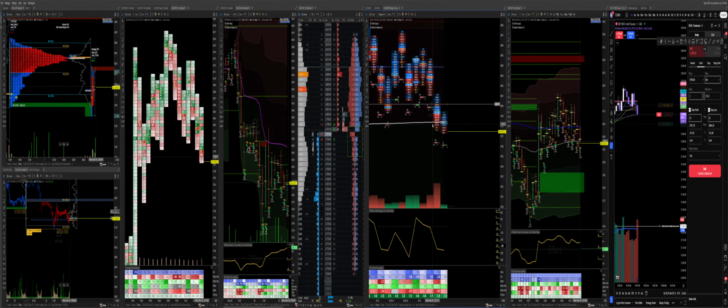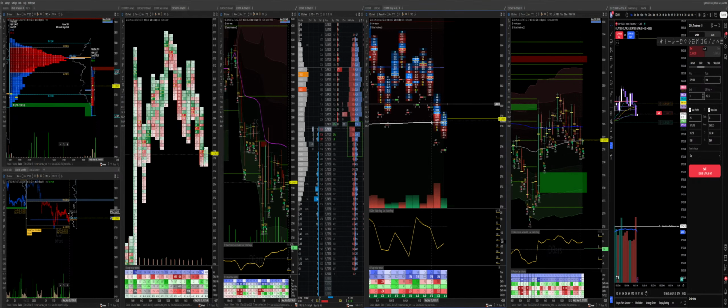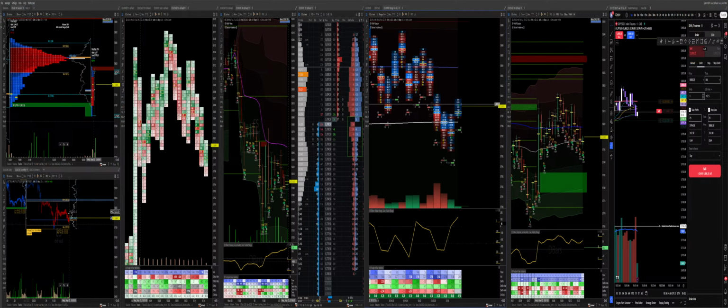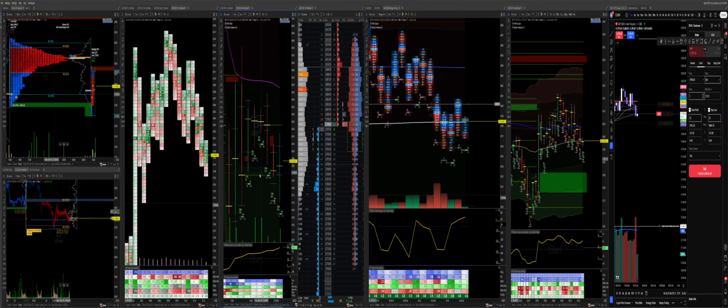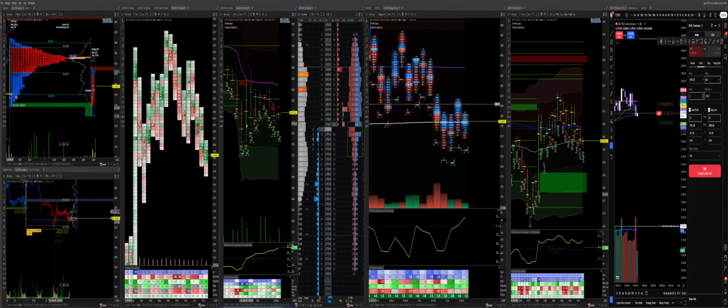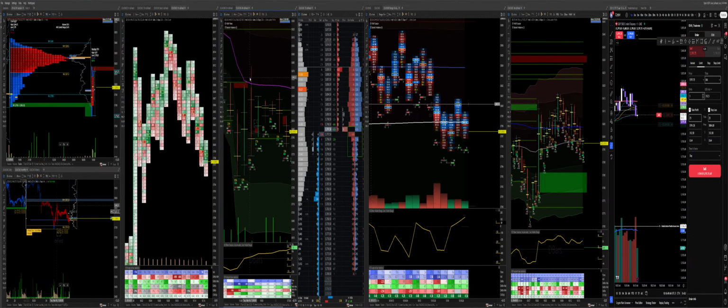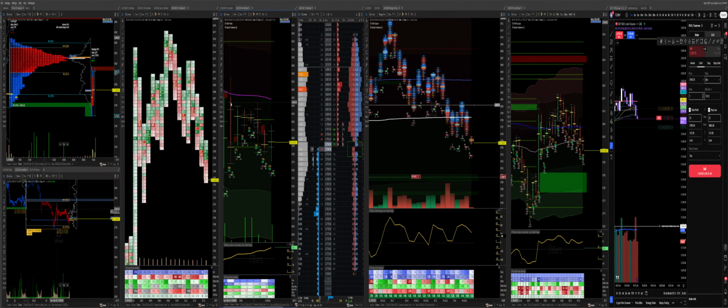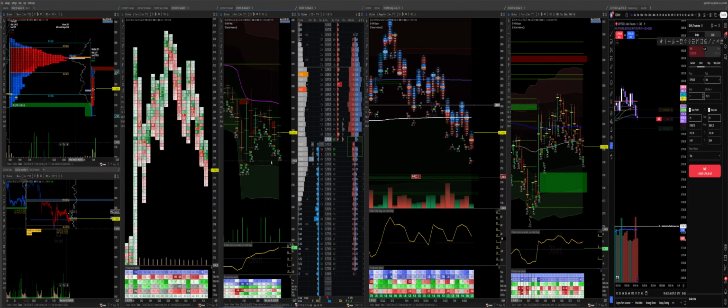We're still dumping. Bearish engulfing. Wow. It's a bullish.